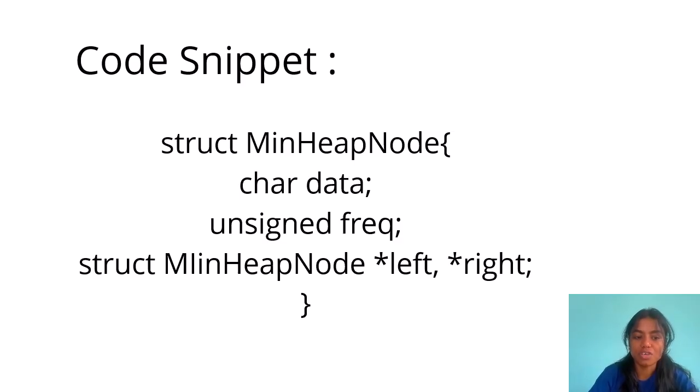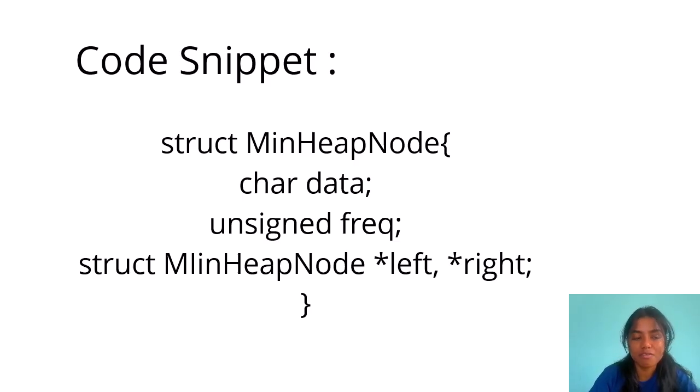This code defines a struct in C named min heap node, commonly used in Huffman encoding. Struct min heap node begins the definition of a structure named min heap node. Char data stores a character like A, B, etc. In Huffman coding, this is the symbol we are compressing.